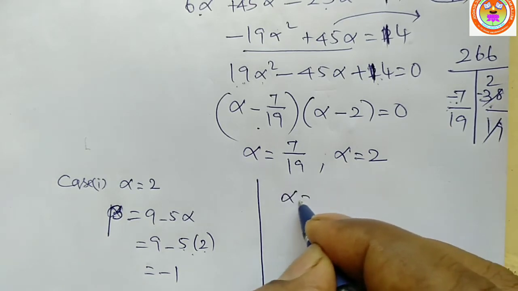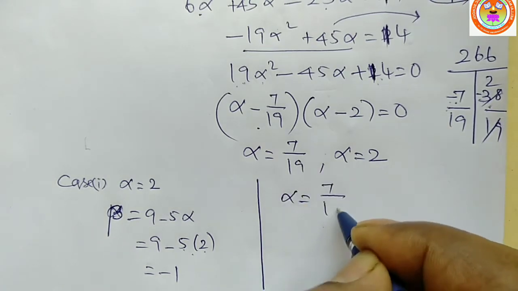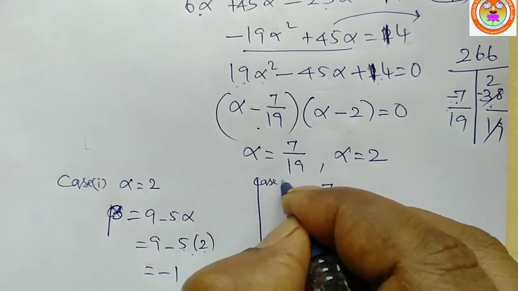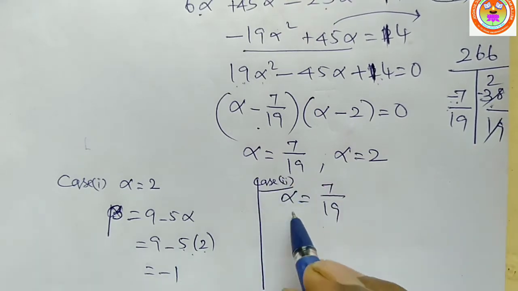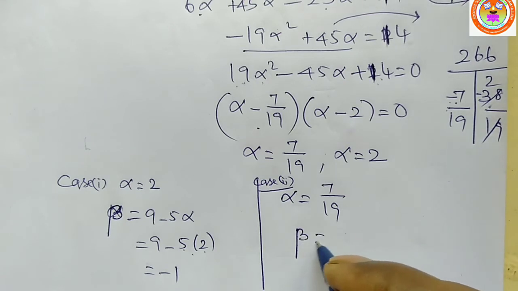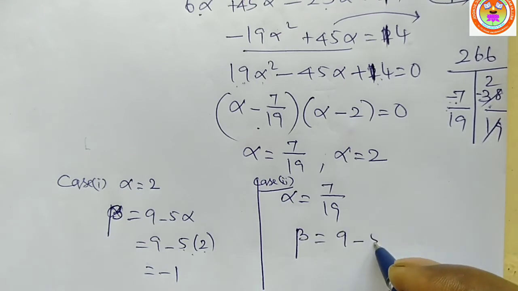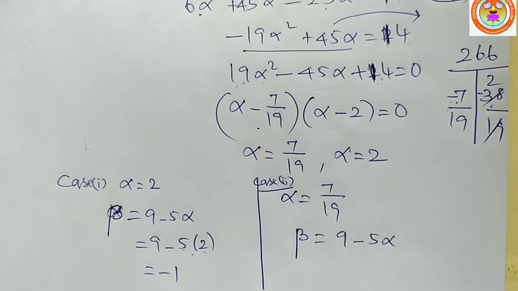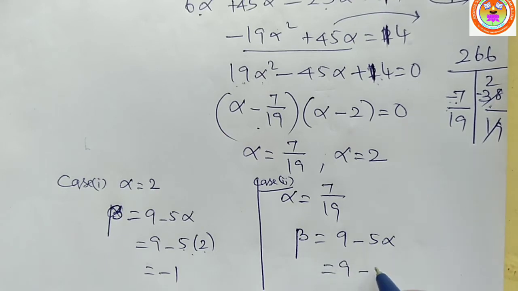If alpha is equal to 7 by 19, that is case 2. If alpha is 7 by 19, then what is beta? Beta means 9 minus 5 alpha. That is 9 minus 5 times alpha. Alpha is 7 by 19.